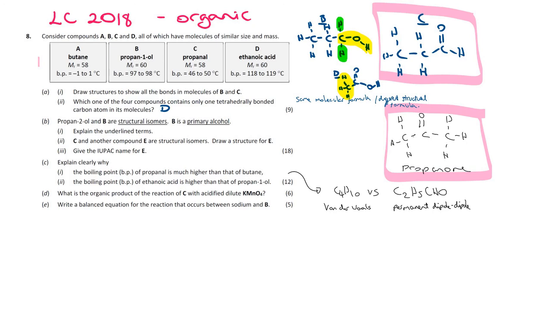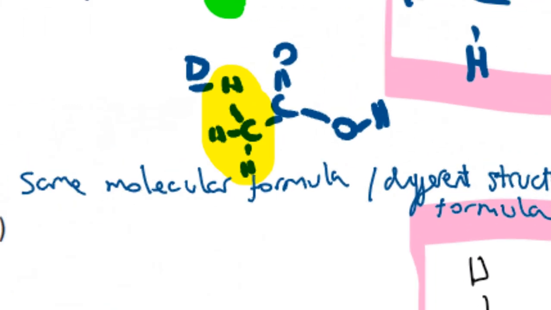The boiling point of ethanoic acid is higher than that of propan-1-ol. Well, again, we have to compare the intermolecular forces there, and while both have hydrogen bonding, ethanoic acid has more sites for hydrogen bonding. We can have a look at the molecule here.